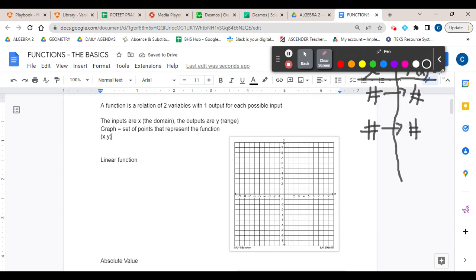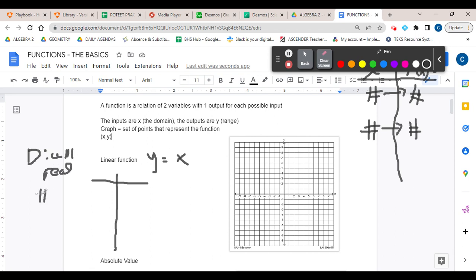If I have a linear function, we know that the linear parent function is y equals x. So we'll just write y equals x. We know that the domain is all real numbers. There are no restrictions on the domain. So we have x and we have f of x, and f of x, which is y, is equal to x.